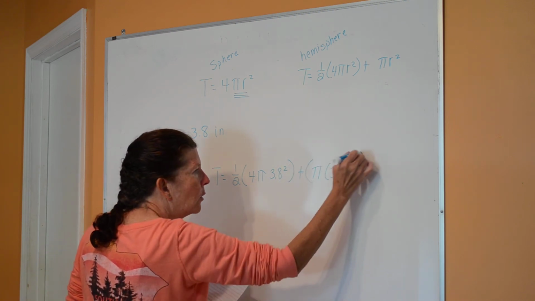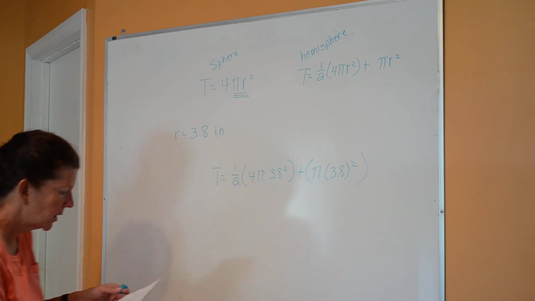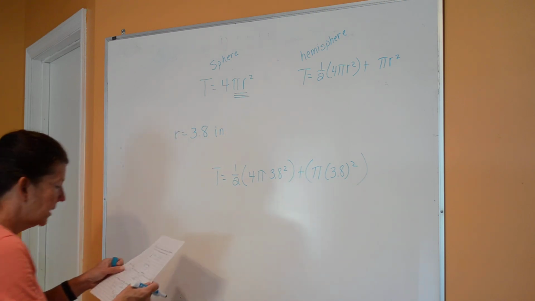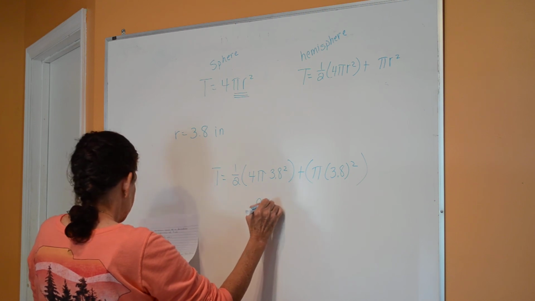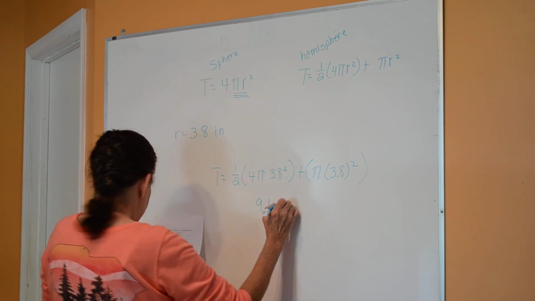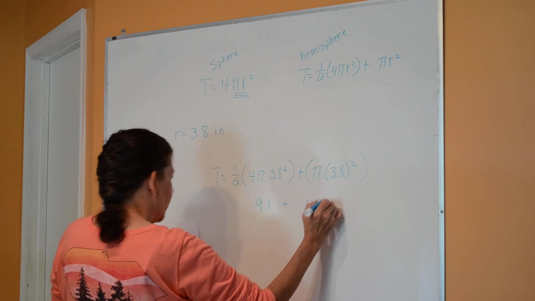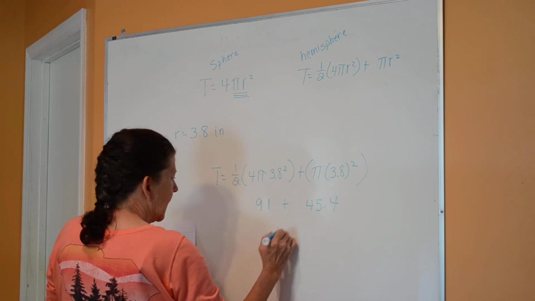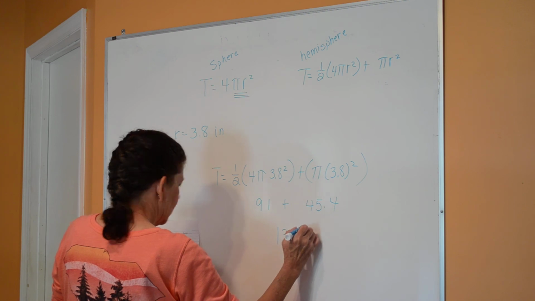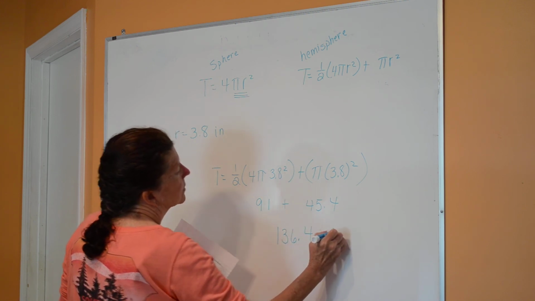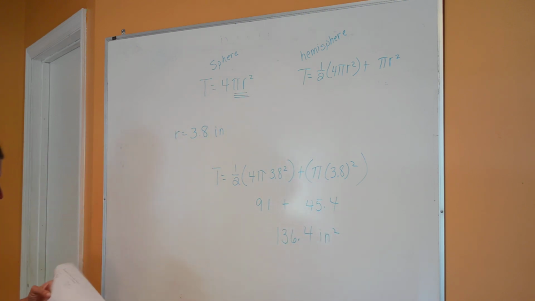Don't forget to put that whole last part in parentheses if you're going to do it on a calculator. You should be able to just punch it in. This actually is going to equal 91 right here. And this is going to equal 45.4. When I add those together, it's 136.4 inches squared. There is very, very little to this.